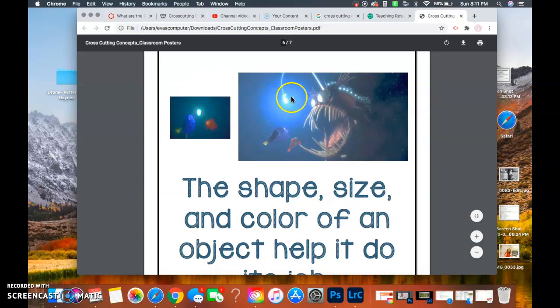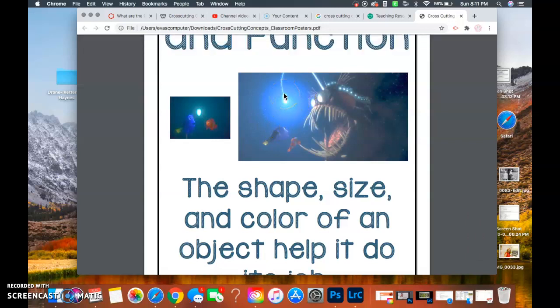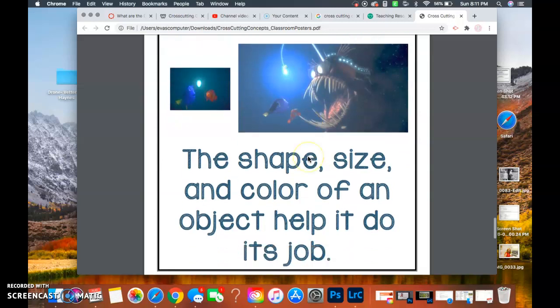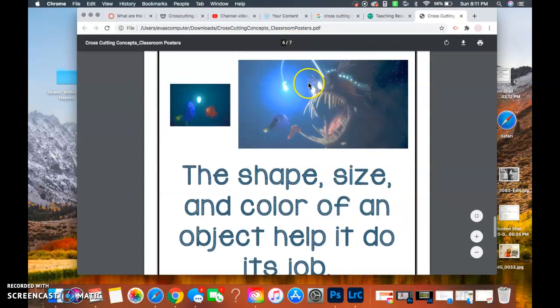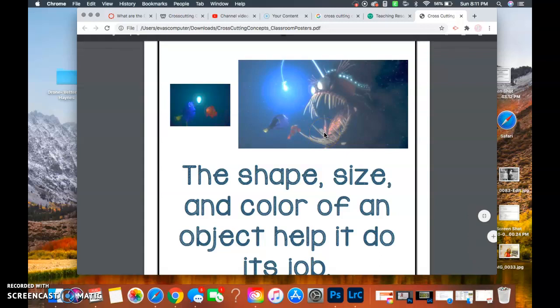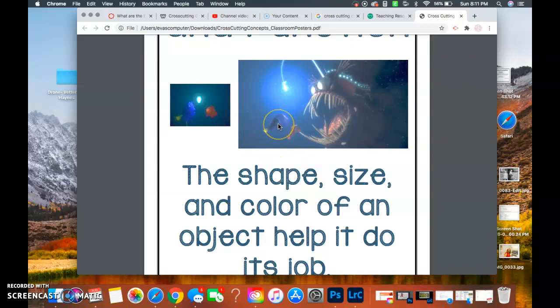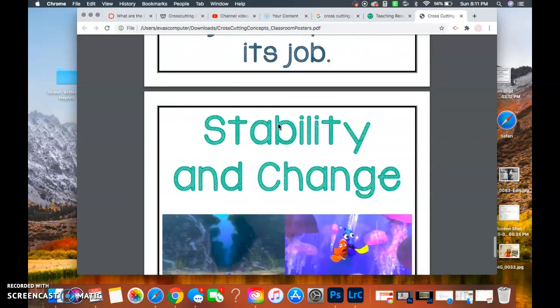The size and the shape of that dangling bioluminescence lure is what actually gets the fish to come to them. It has a particular function, and it serves the purpose because these anglerfish live deep down at the bottom of the ocean where it's dark and there's not much food source. So it attracts its prey.